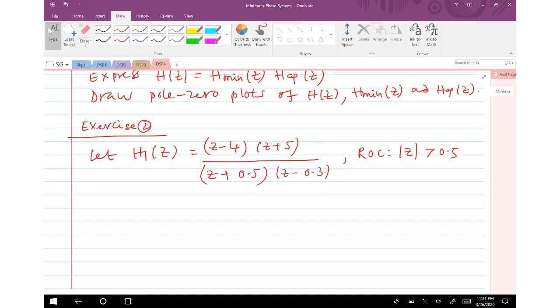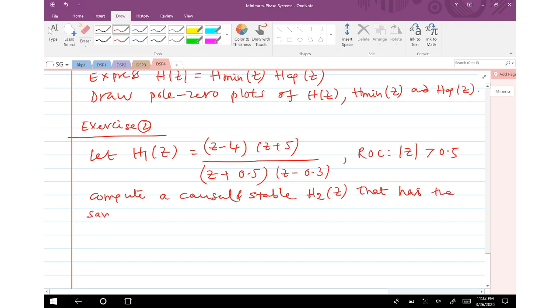Now what we want is for you to compute a causal and stable H2(z) that has the same magnitude response as the inverse of H1(z).